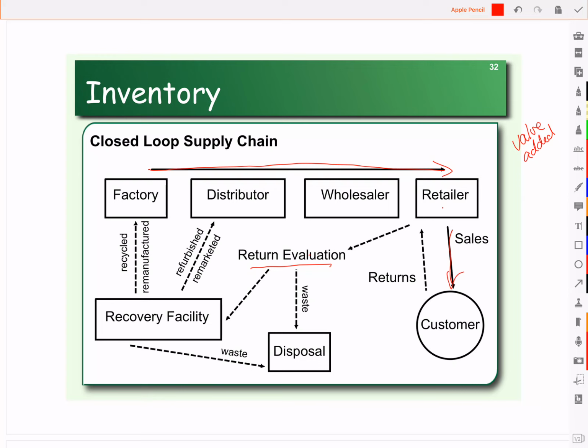We talked before about the importance of value added in your forward logistics, right? Every part of your supply chain should add value to the customer. The same thing is true with the reverse logistics and the rest of your closed loop supply chain. So if you are refurbishing, remarketing, if you are pulling out components, so you're taking out the plastic and melting it down, you're taking out the minerals and reusing them, all of that must have value added.